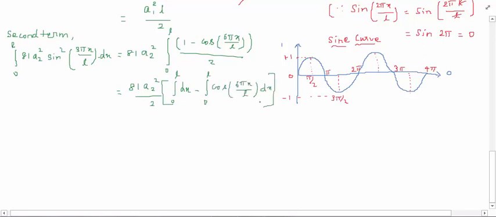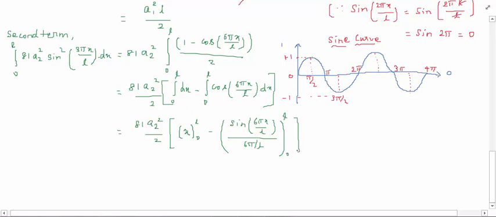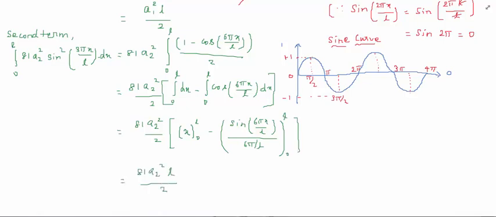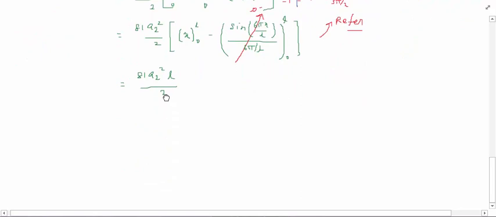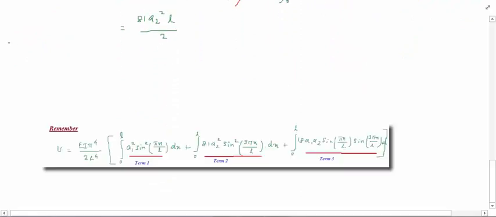Again split it into two parts. If you integrate dx, it will become x, and the remaining term will be written like this, right? So you know already the formula. It will become 81 a2 square L by 2. The remaining term will be 0, because sin 6π is also 0.